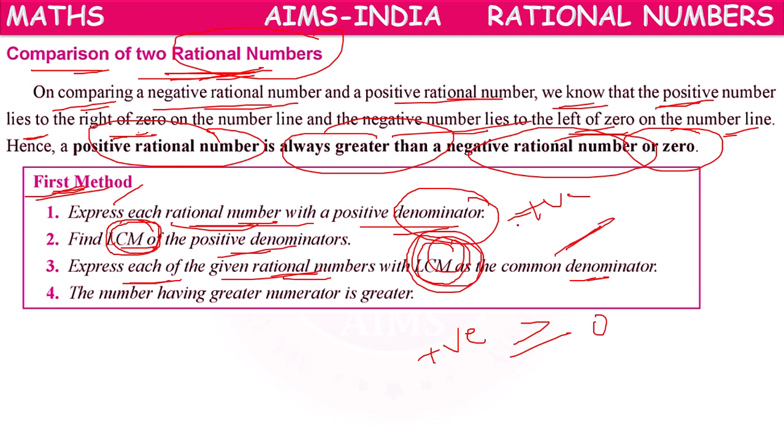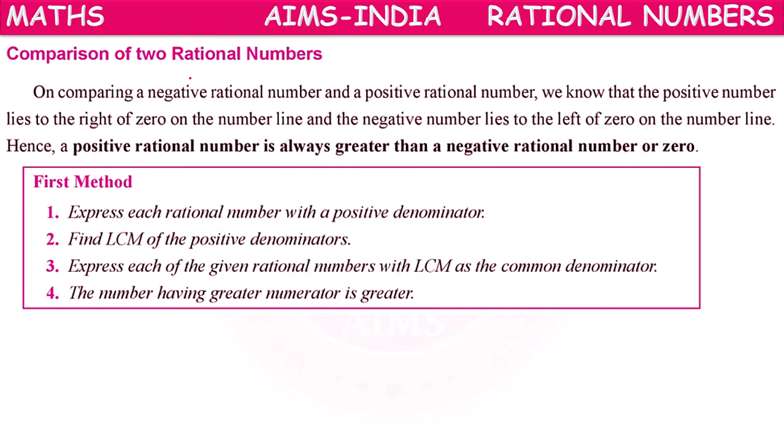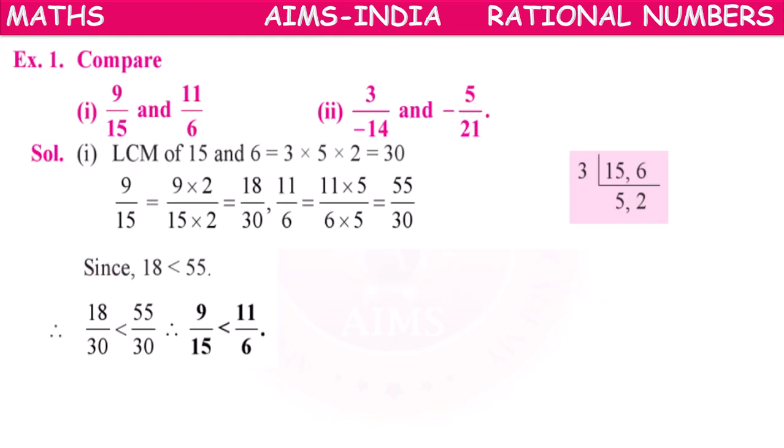Now they have the same denominator, so the one whose numerator is greater is the greater rational number. Like that we can compare rational numbers. First step, positive denominator. Second step, LCM. Third step, same denominator. Fourth step, compare numerators. By following these four steps, we can compare two given rational numbers.